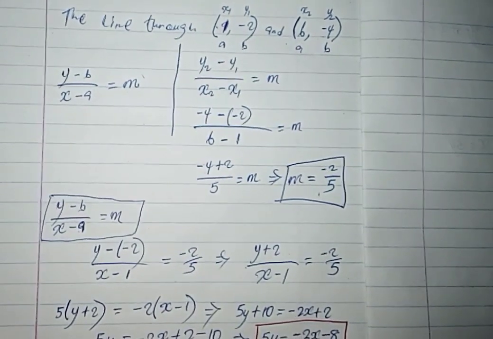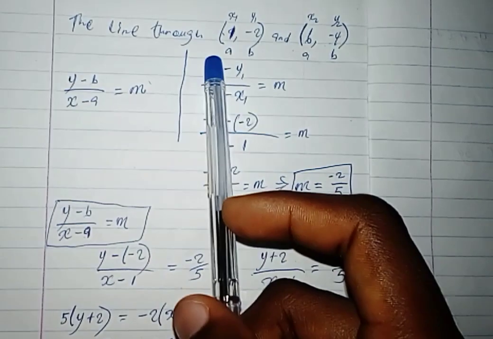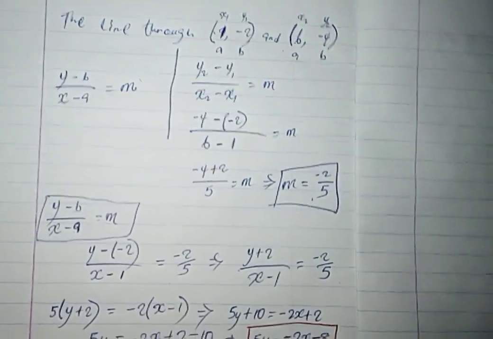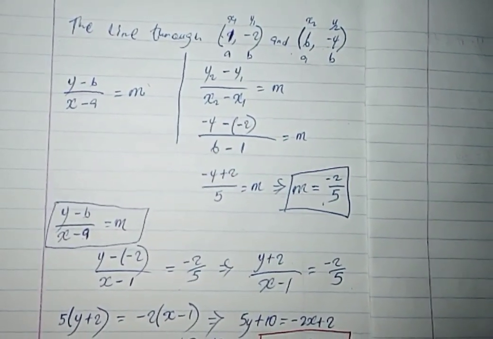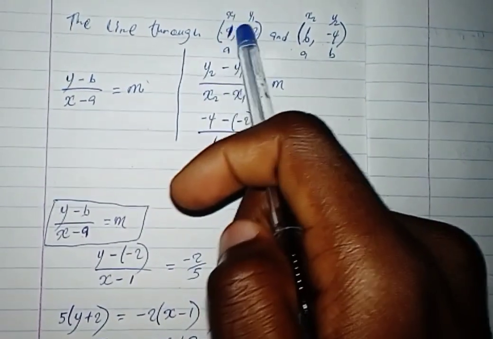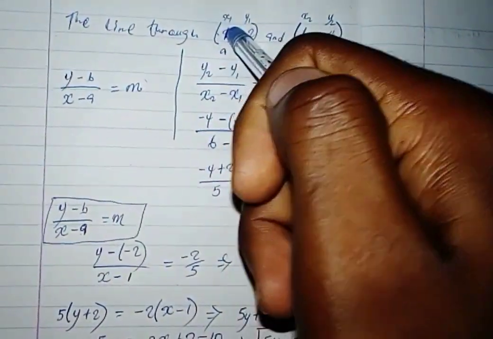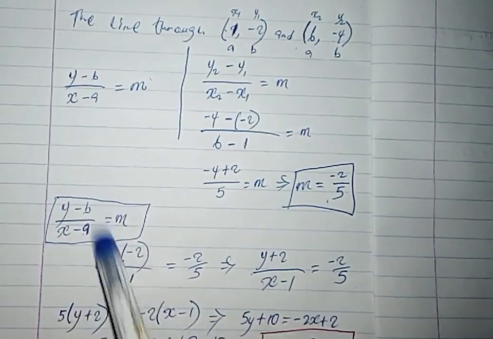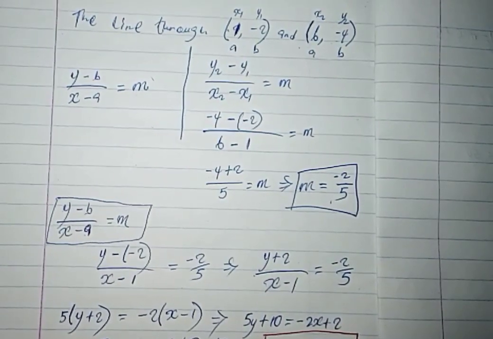Yes, if 1 point was given, you don't really need to go through this stress, because if 1 point was given, definitely you'll be given the gradient of the line, and you are just to insert those numbers in the point as A and B, and you look for your line of equation.